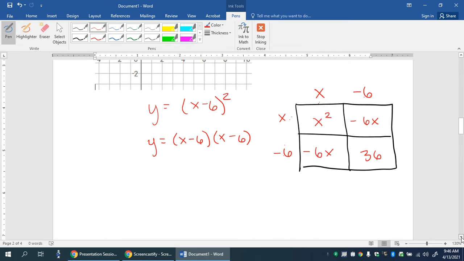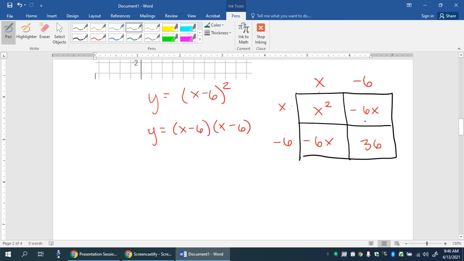Now that we have our box filled out, we are always going to combine these two because they are like terms. So we would have y equals x squared. Negative 6x minus 6x is negative 12x. And then plus 36.